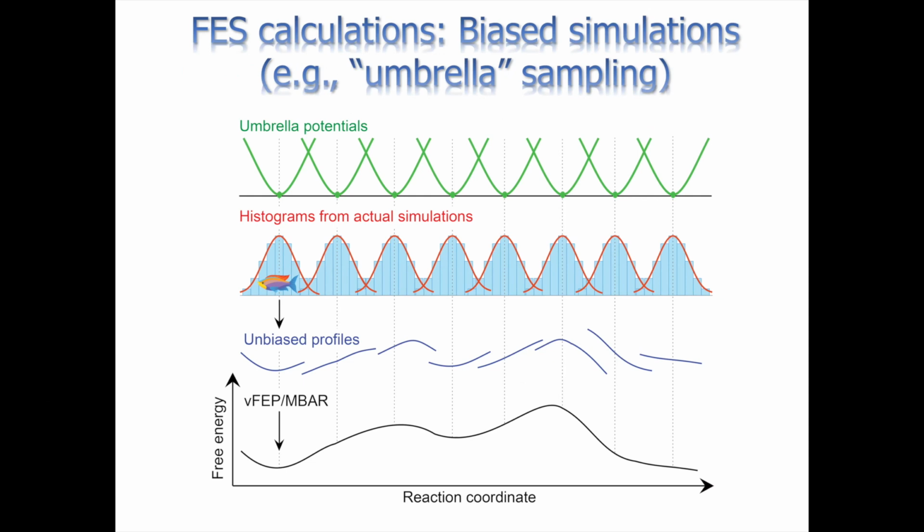Typically what we do is we use a series of so-called biasing simulations, where we perform a series of simulations all along the reaction path. And we use some type of localizing potential so that we can make sure we get the sampling within each region independently.